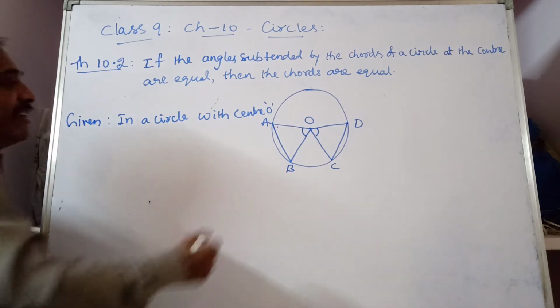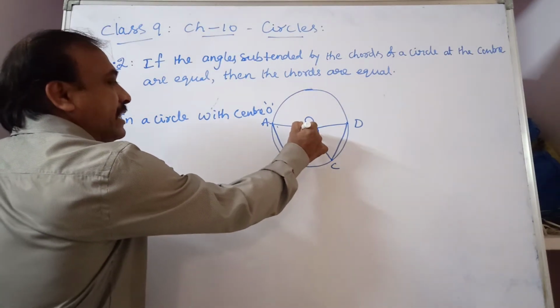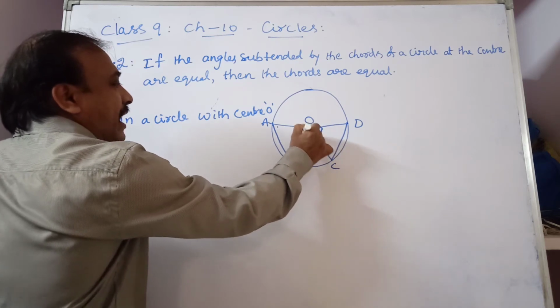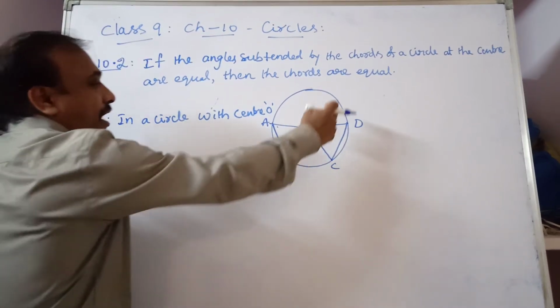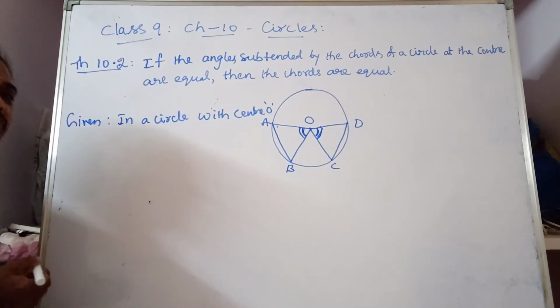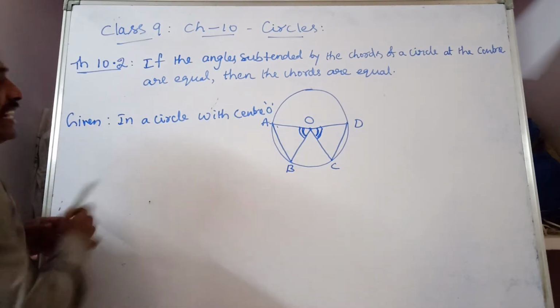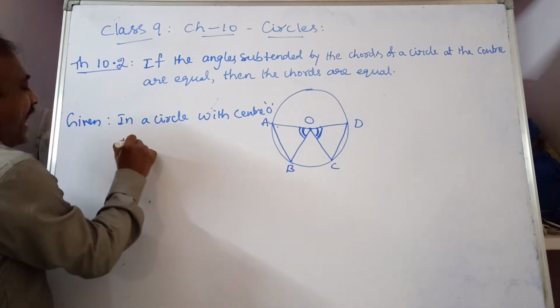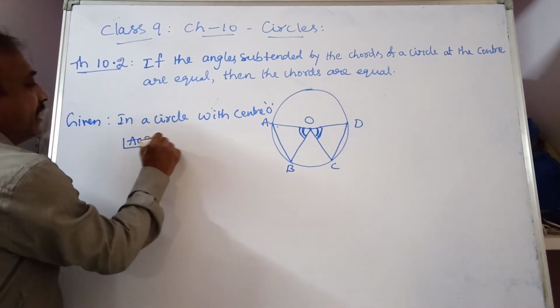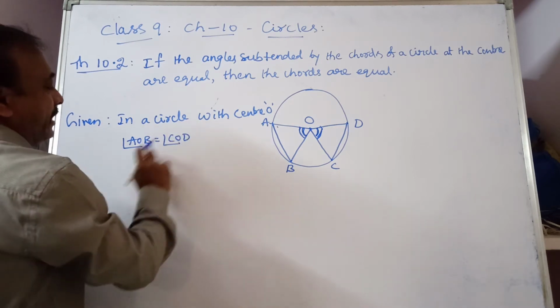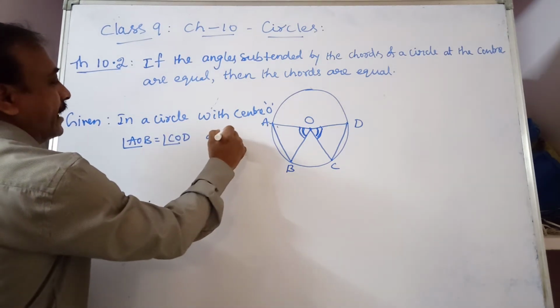That means now it is given in the statement that these angles are equal. We have to prove that the chords are equal. So given that in a circle with center O, angle AOB is equal to angle COD at the center. They both are at the center.